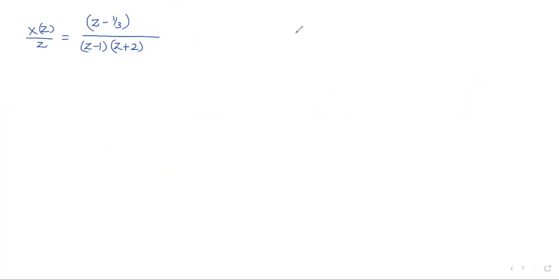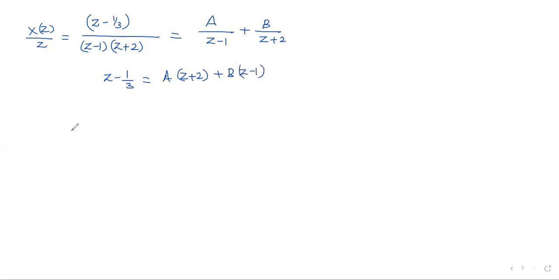Now you need to write partial fractions: A divided by Z minus 1 plus B divided by Z plus 2. Now, the numerator will become Z minus 1 by 3 is equal to A times Z plus 2 plus B times Z minus 1.